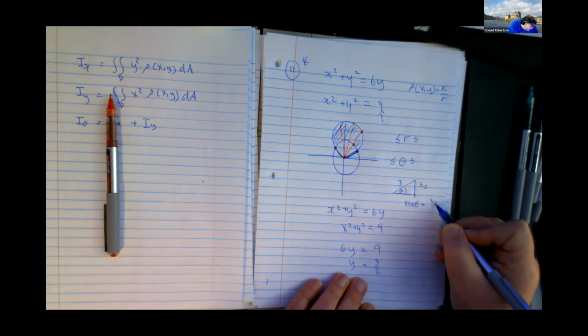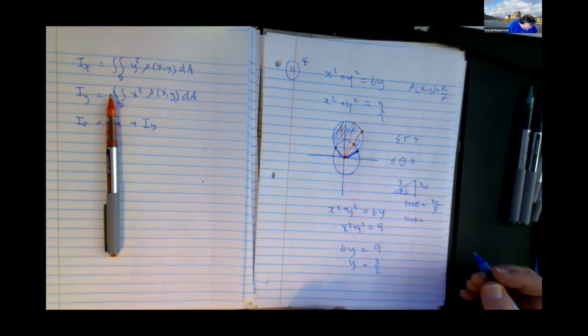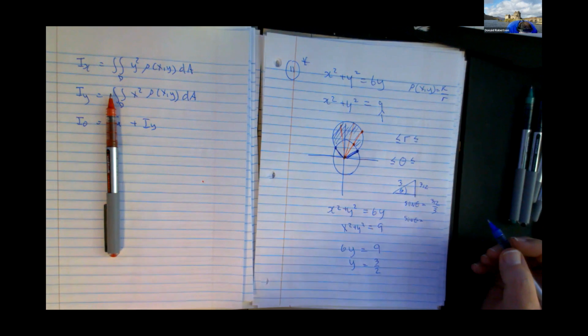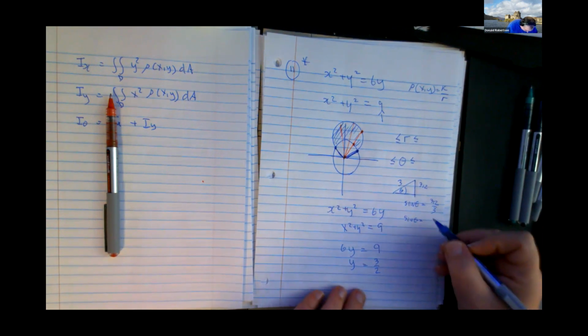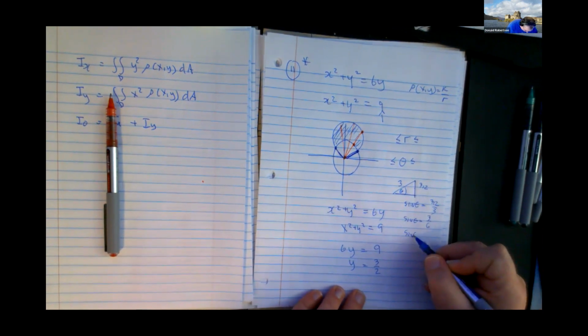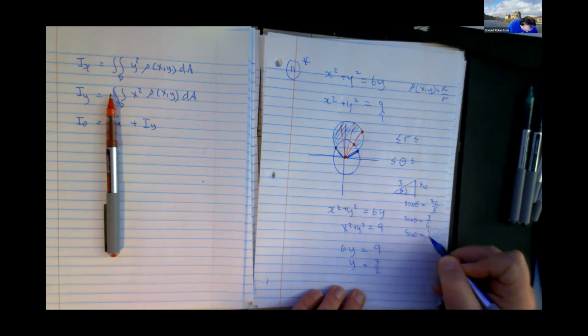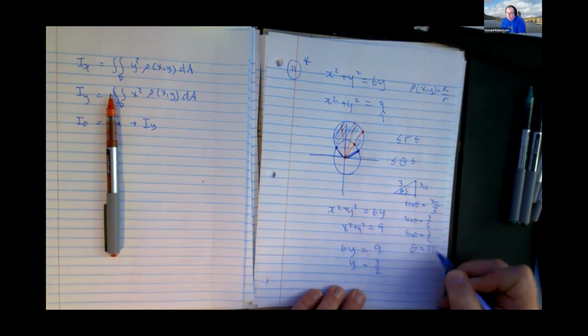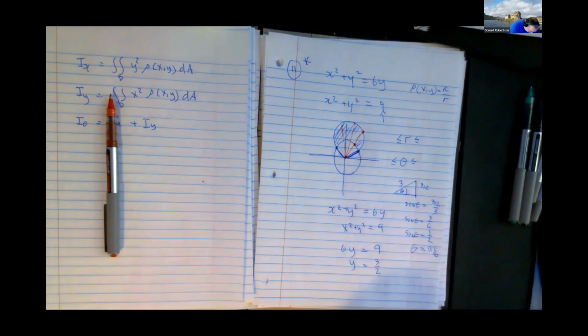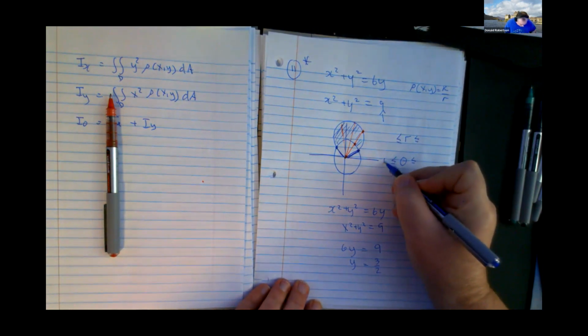Which means the sine of theta is 3/6. So isn't the sine of theta 1/2? Oh, that makes it pi upon 6.